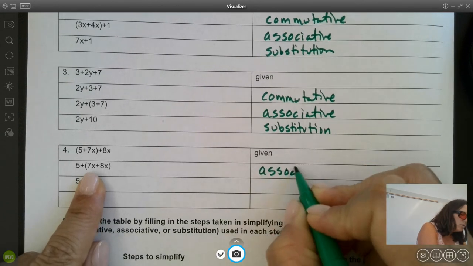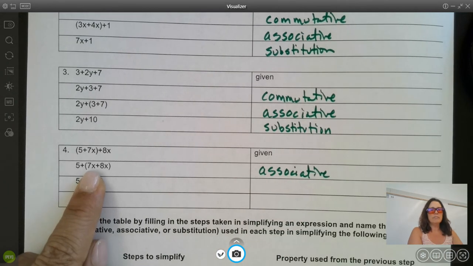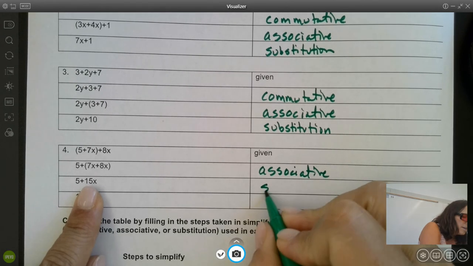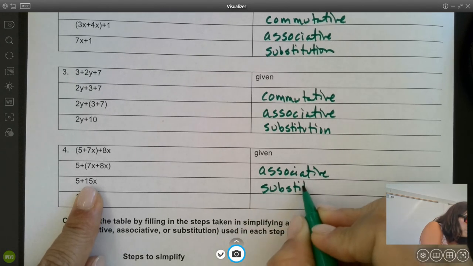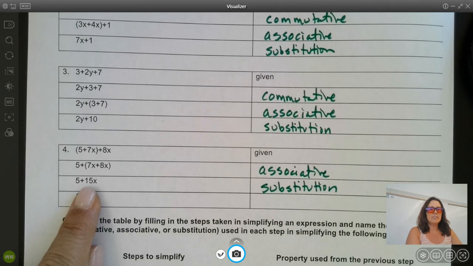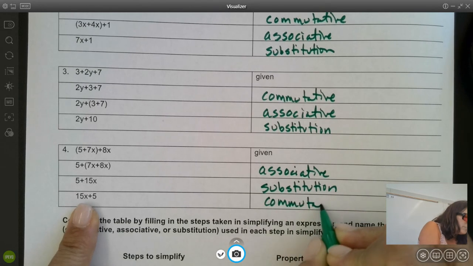That's the associative property. Okay, now from this one to this one, 7x plus 8x became 15x. That's substitution. And then 5 plus 15x became 15x plus 5. That's commutative.